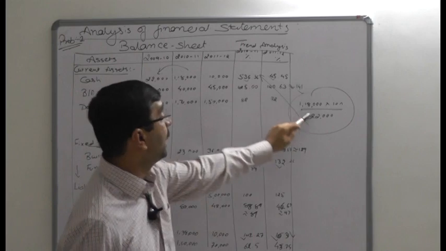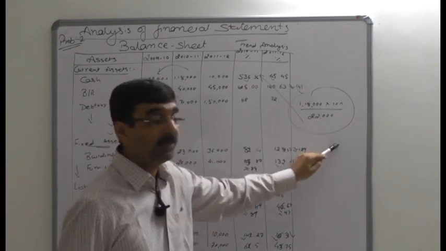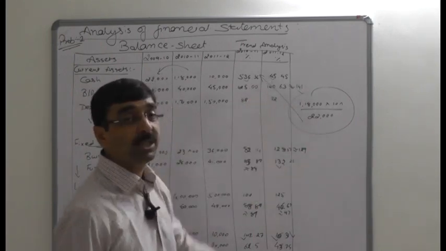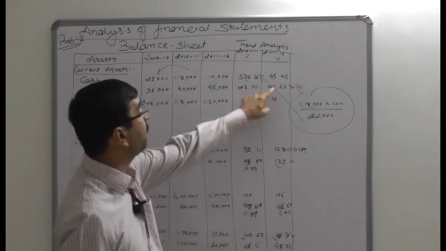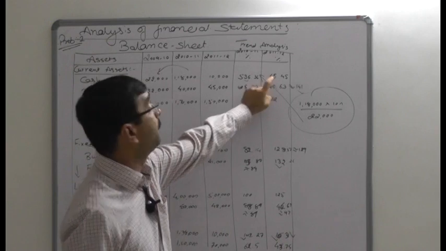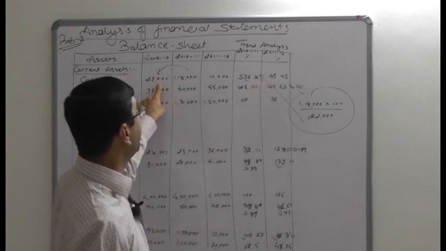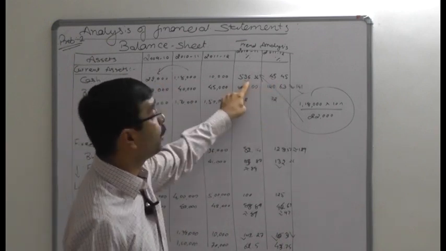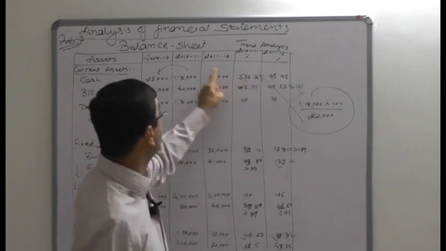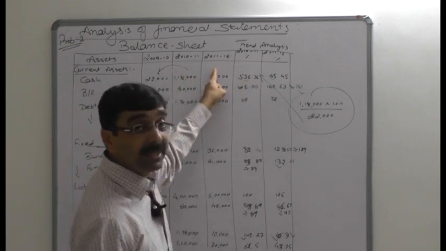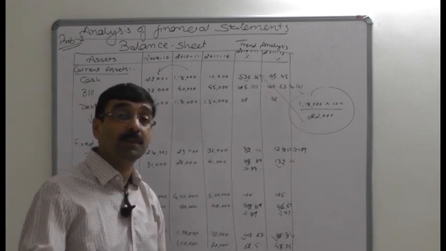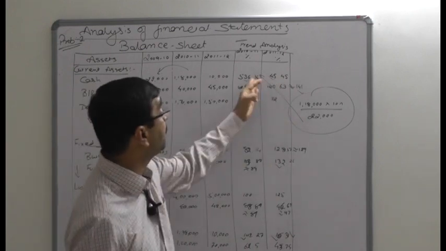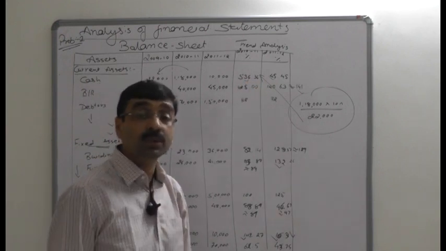If you calculate it the same way, you will find the answer, that is 45.45%. It means that if your base year is 100, the next year increased almost 536%. Then in 2011-12, you find a change of 45.45%. It means that as compared to the previous year, it goes down.